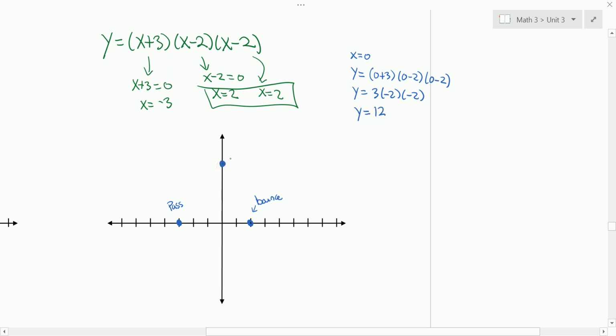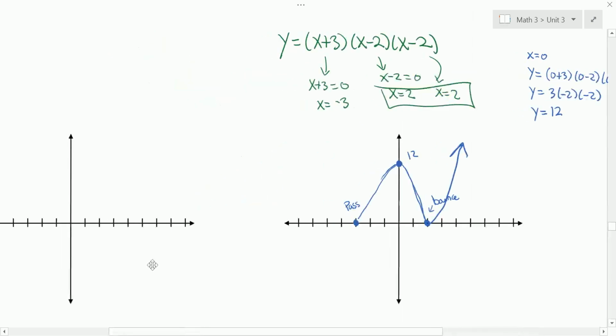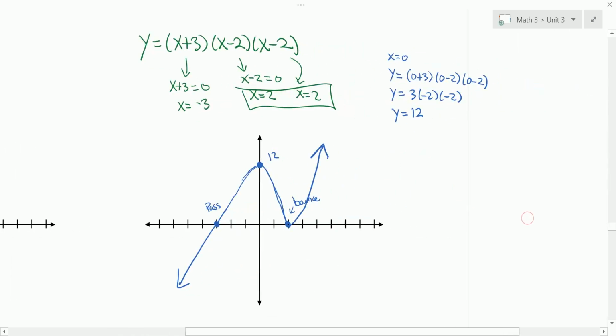Put a point up here at height 12. And then I know our graph needs to go through that y-intercept and reach both of these x-intercepts. On the one on the right, it bounces back. On the one on the left, it passes through. And we have our graph.